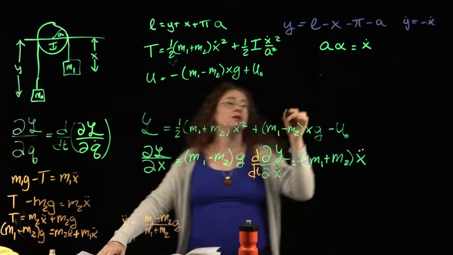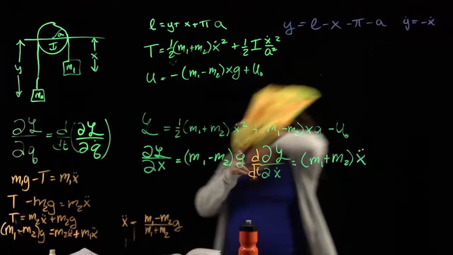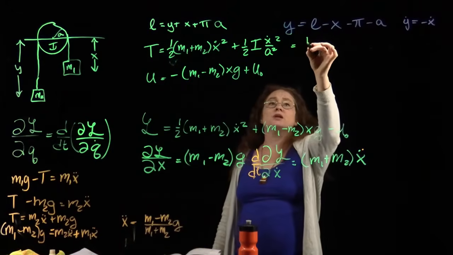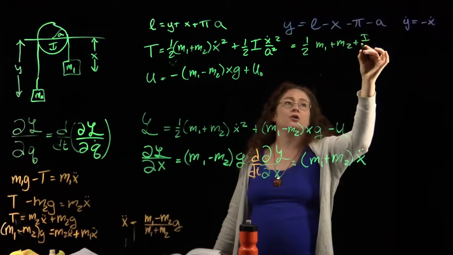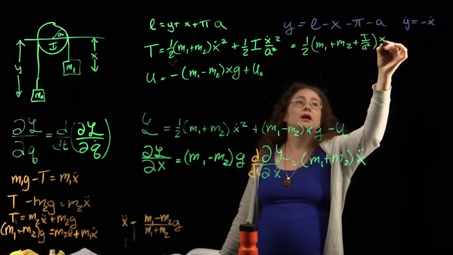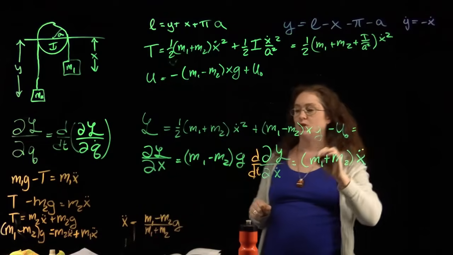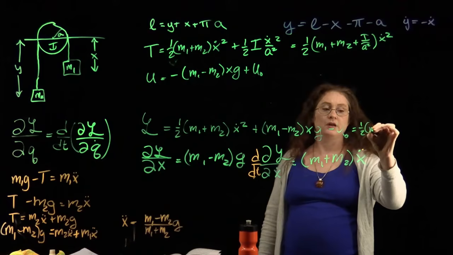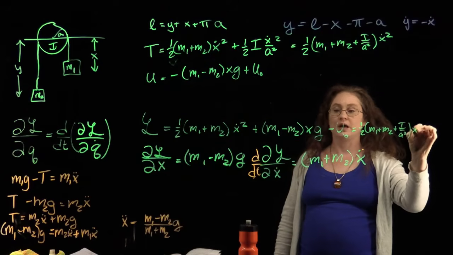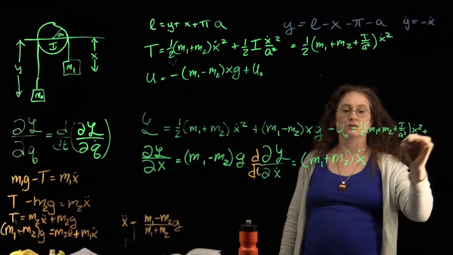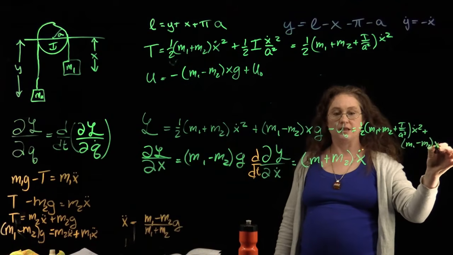So then our kinetic energy equation just becomes 1/2 (m1 plus m2 plus I over a squared) x dot squared, and the Lagrangian becomes 1/2 (m1 plus m2 plus I over a squared) x dot squared plus (m1 minus m2) x g.